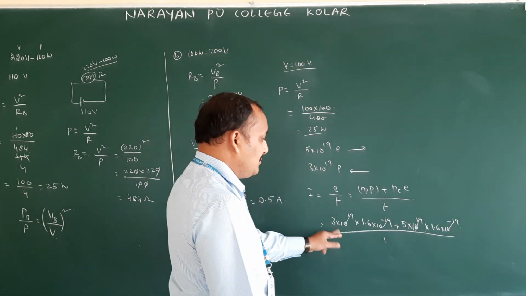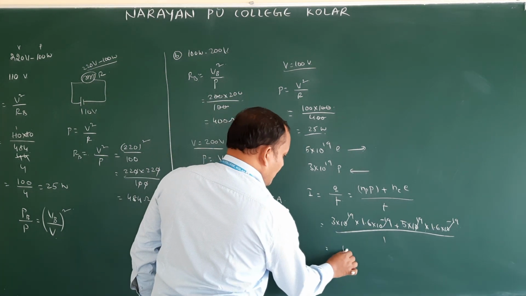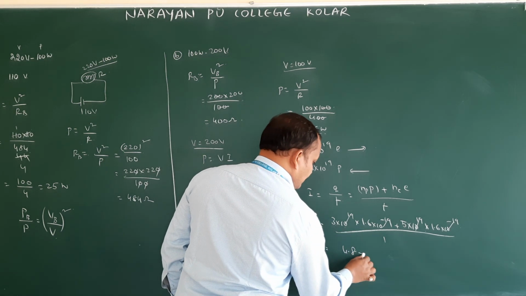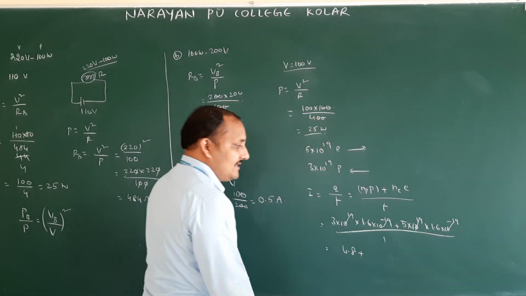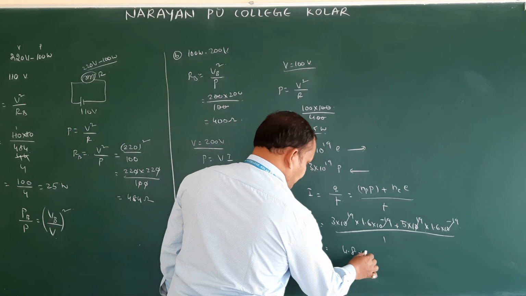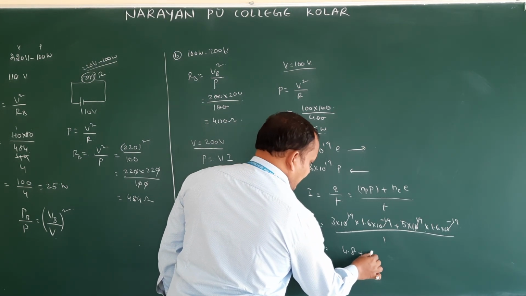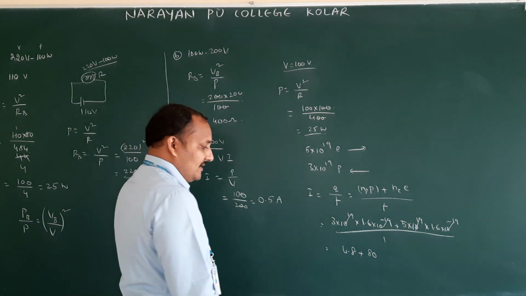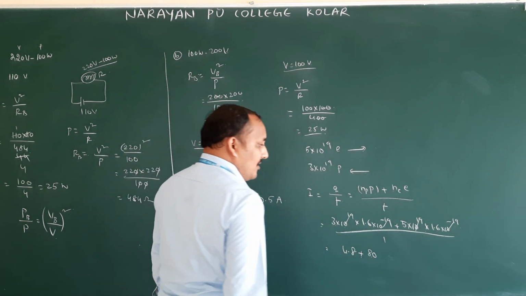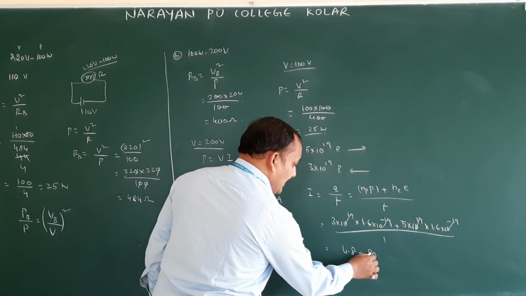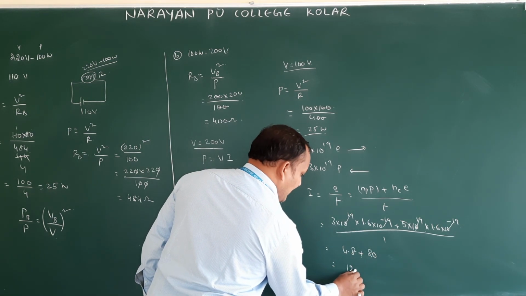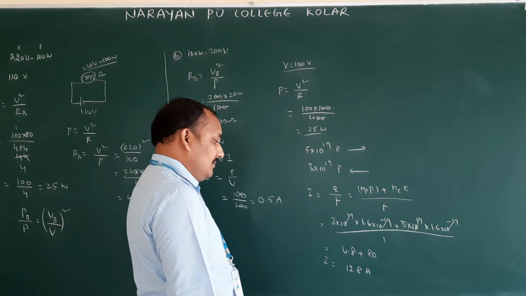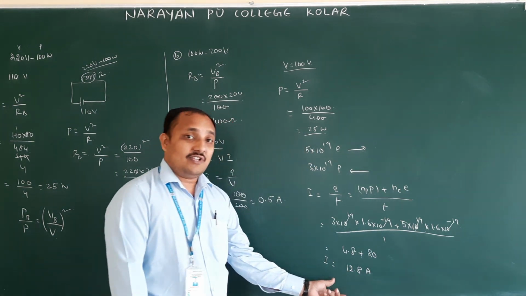So 1.6 into 3 is 4.8. Then 1.6 into 5 is 8.0. 4.8 plus 8.0 is 12.8. 12.8 amperes. But they are also asking the direction.